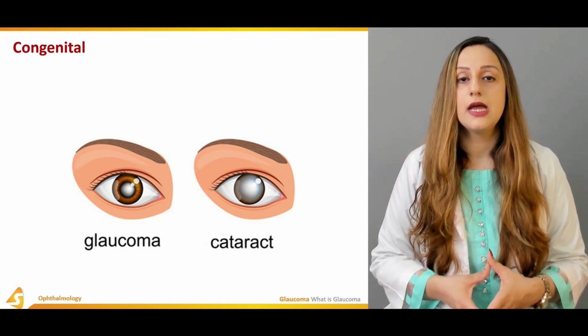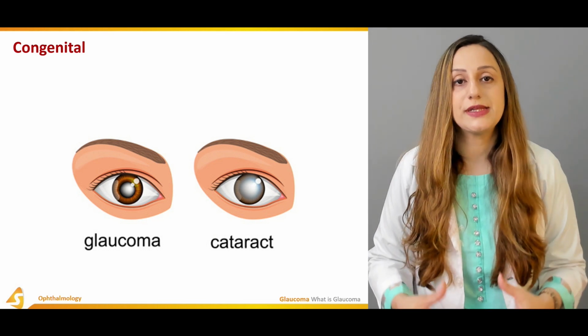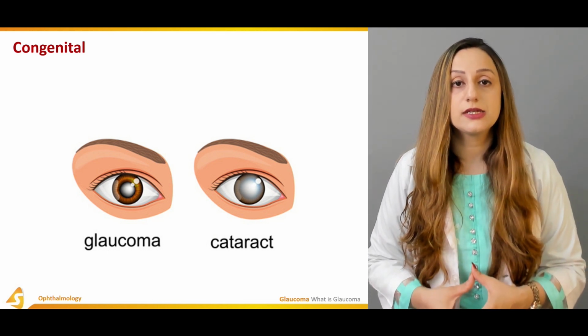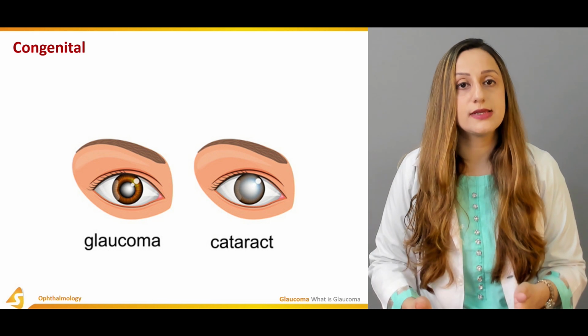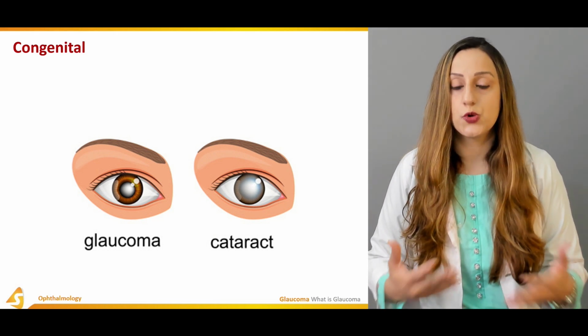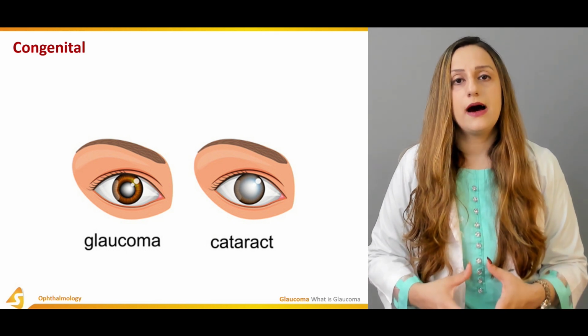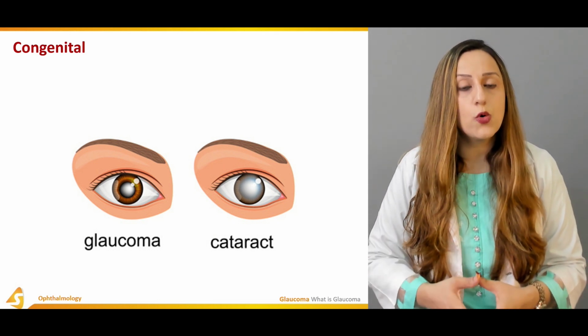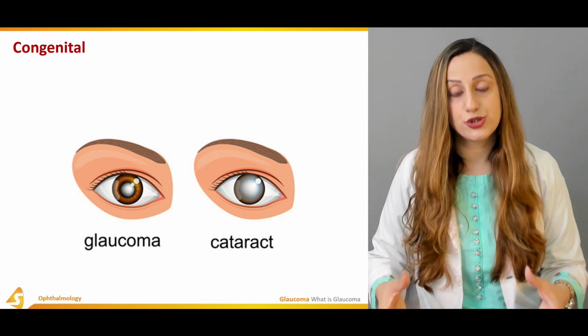So these are the differentiating points clinically that make the condition more obvious, whether the person is suffering from cataract or from glaucoma. Both are basically causes of slow or chronic vision loss.